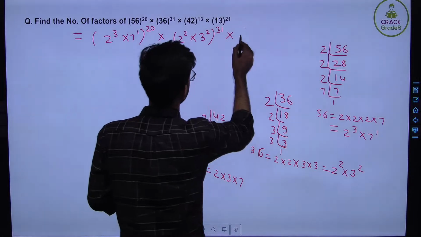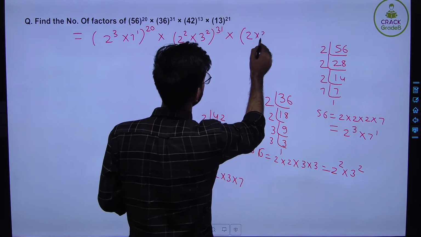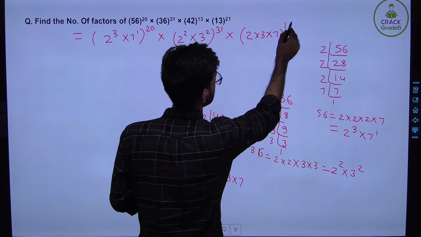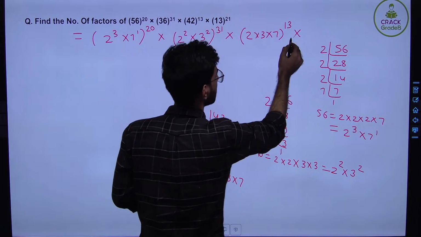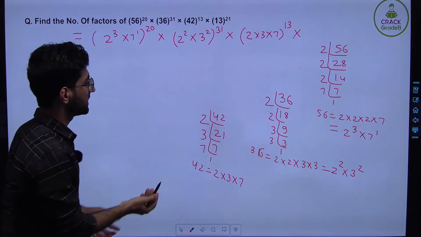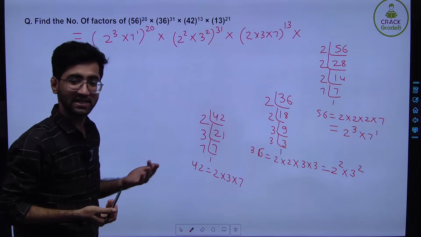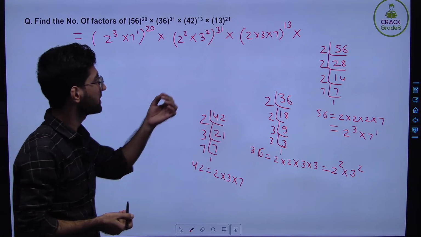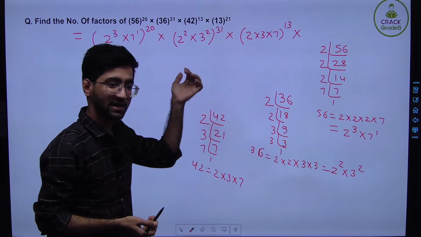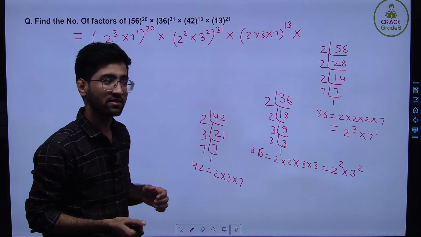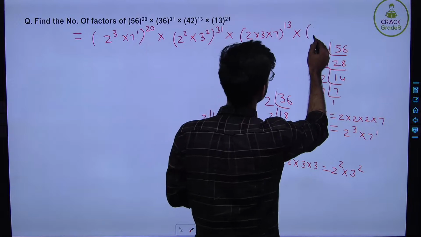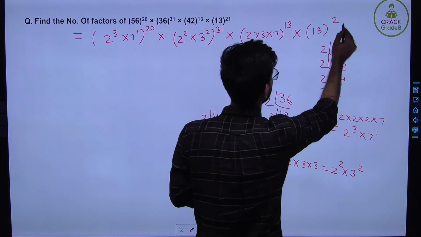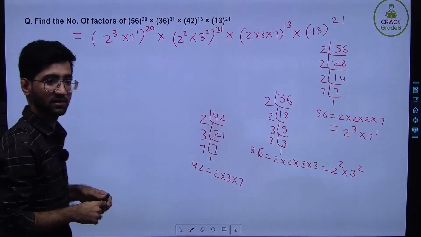Means you can write 2 into 3 into 7, the whole to the power 13. Then obviously you will have to write 13 as 13. 13 is already a prime number. We can't prime factorize 13, right? So you will have to write 13 to the power 21, right?